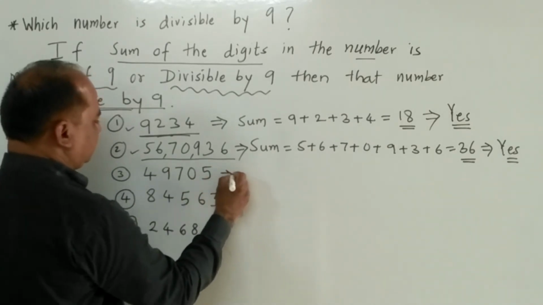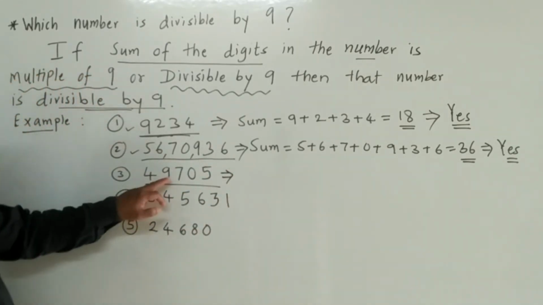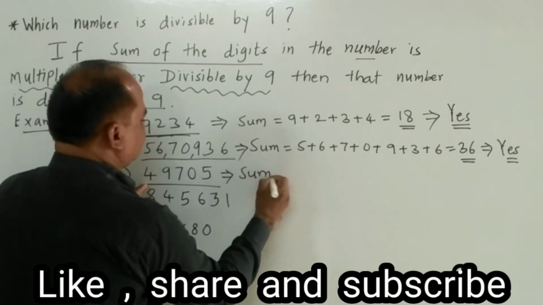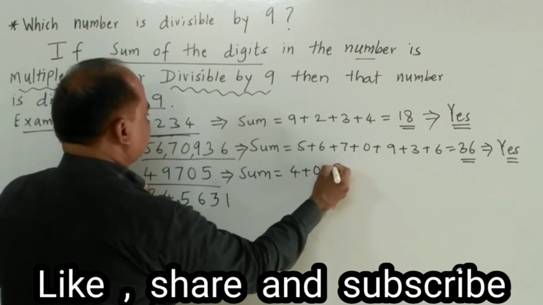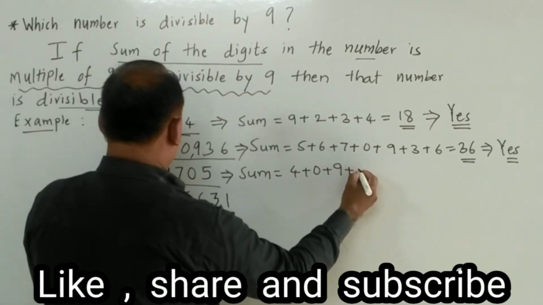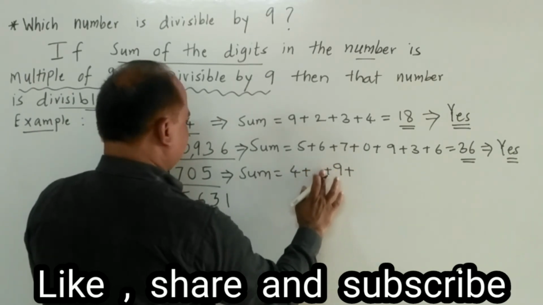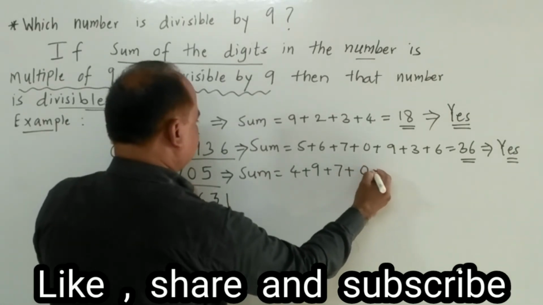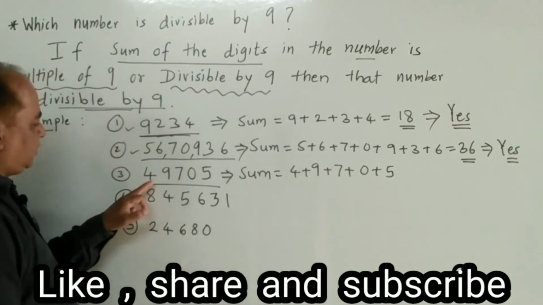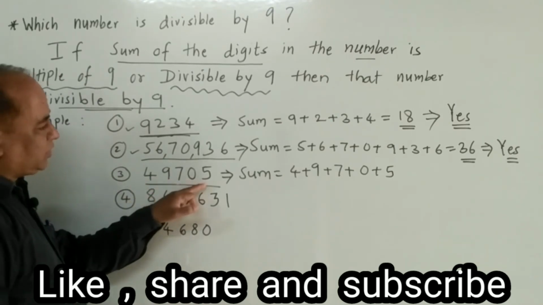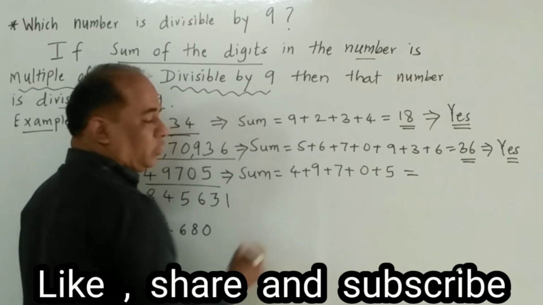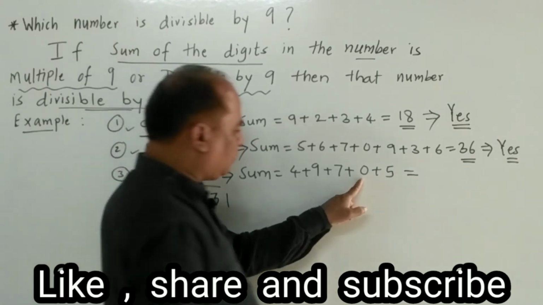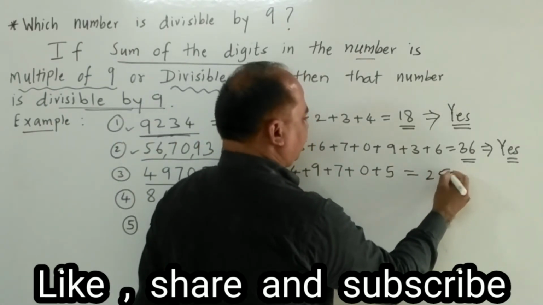Now, let us check the next example, 49,705. The sum of the digits of this number is 4 plus 9 plus 7 plus 0 plus 5. 4 plus 9 is 13, 13 plus 7 is 20, 20 plus 0 is 20, 20 plus 5 is 25.